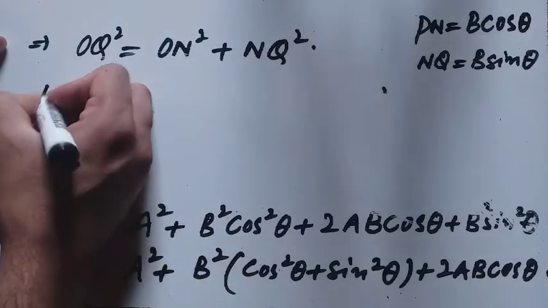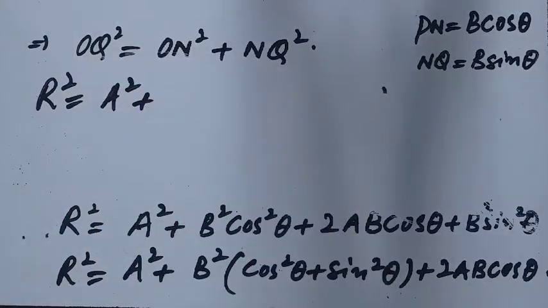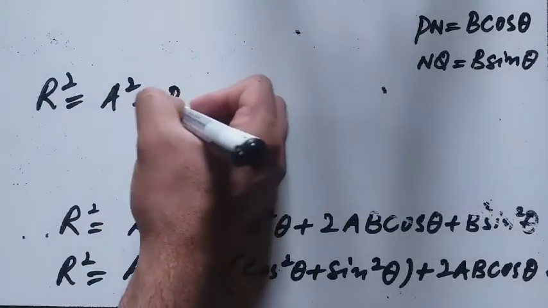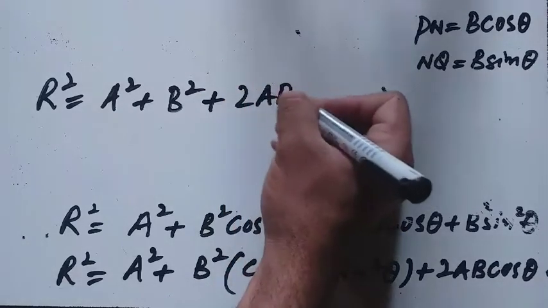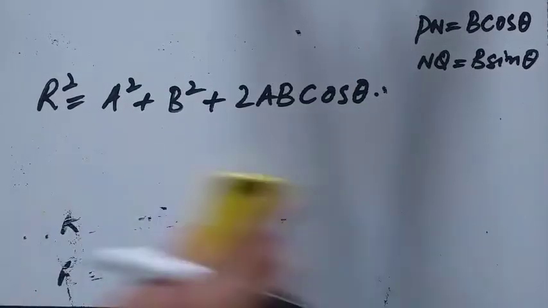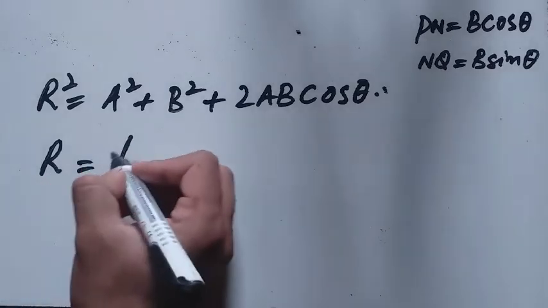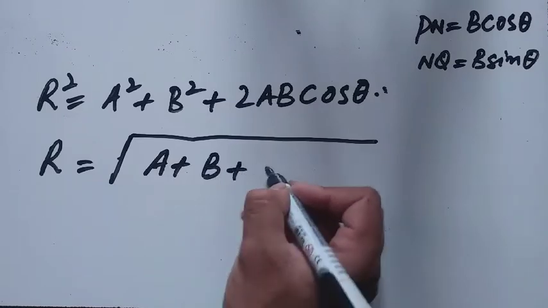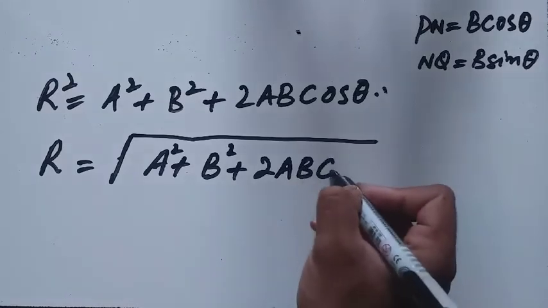Then I can write R square is equal to a square plus b square plus 2ab cos theta. Also we can write R is equal to under root of a square plus b square plus 2ab cos theta.